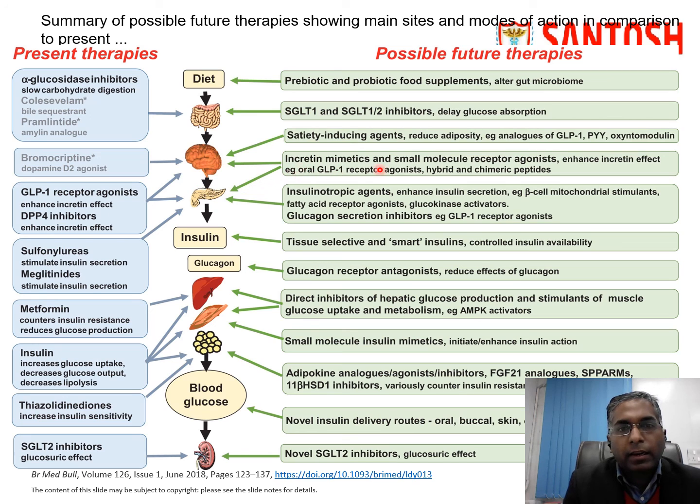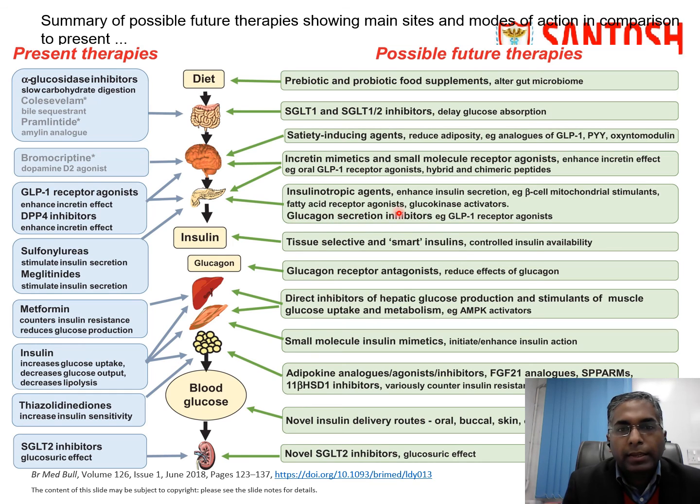Insulin incretin mimics can act on both the pancreas as well as the brain, and small molecule receptor antagonists enhance the incretin effect, that is oral GLP-1 agonists. Hybrid and chimeric peptides are also there.